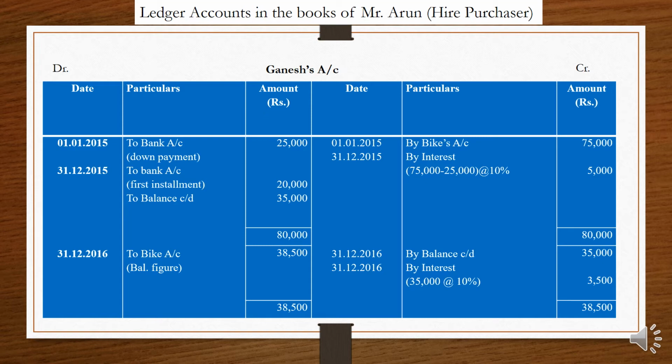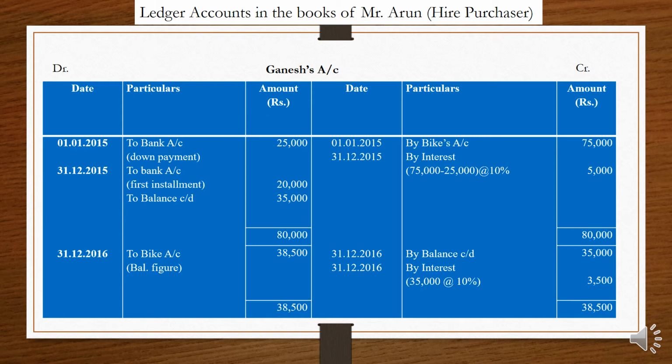That has to be carried forward to the next year. So on 1/1/2016, we have an entry on the credit side of Ganesh account, by balance carried down 35,000.